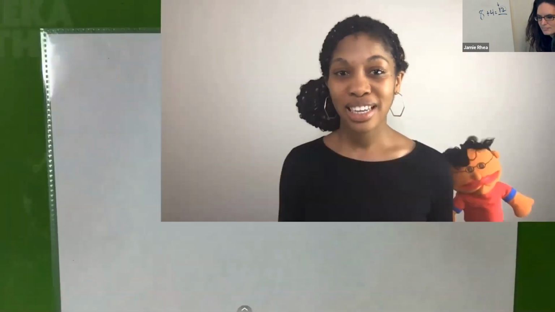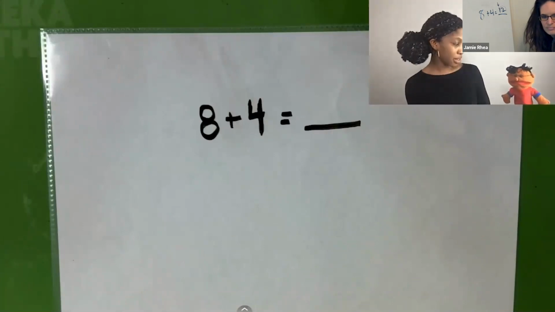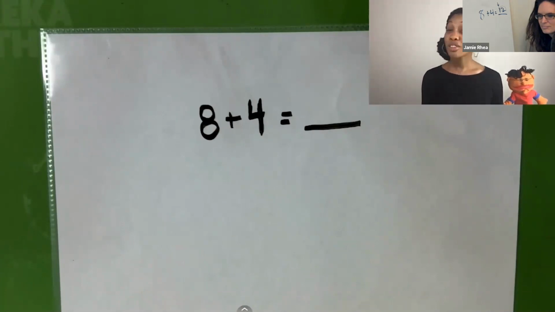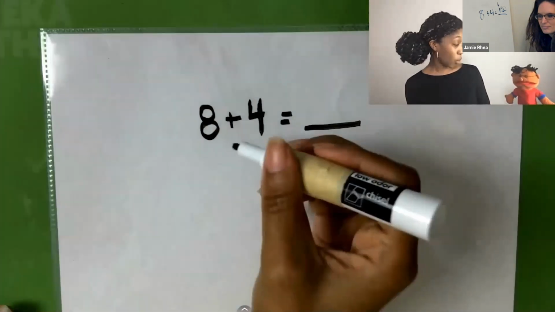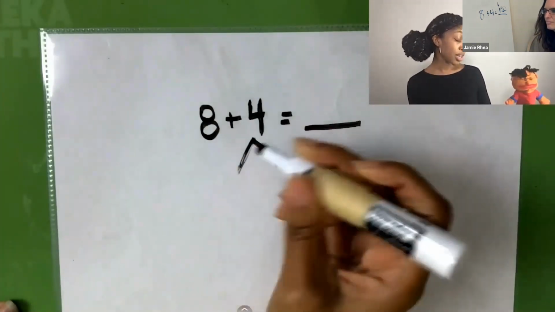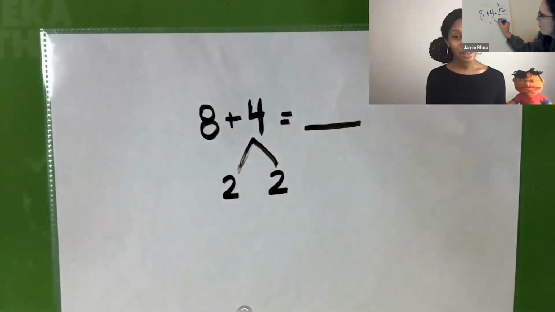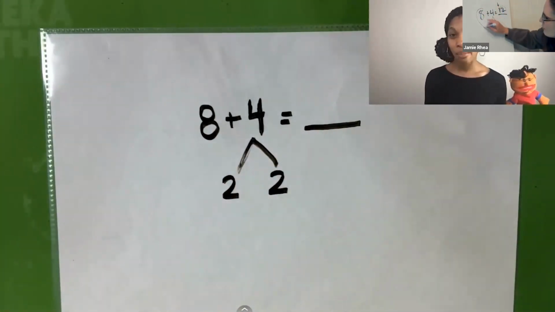Okay, so mathematicians. While Daniel was speaking, I was thinking a lot about the number sentences. Let's see if my number sentences match how you explained how you solved this problem. Okay, so to solve 8 plus 4, you broke apart 4 into 2 and 2. Now we did that just a minute ago. Then you wanted to make 10 because we know 10 is a friendly number.